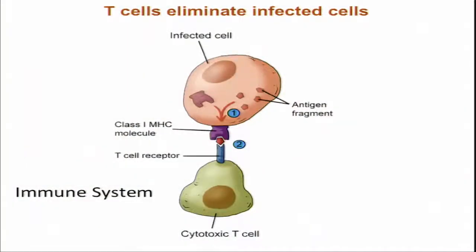The T cells go all throughout the body and search all of your cells. These are heart cells, brain cells, skin cells, etc. And they have this T cell receptor here.